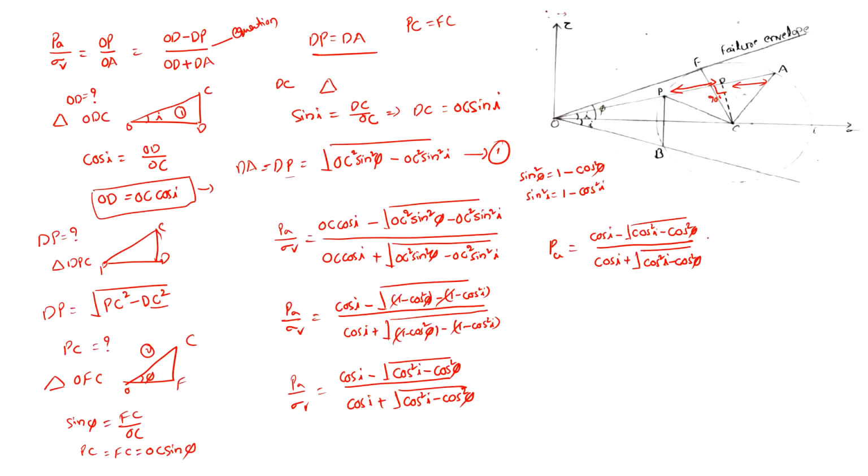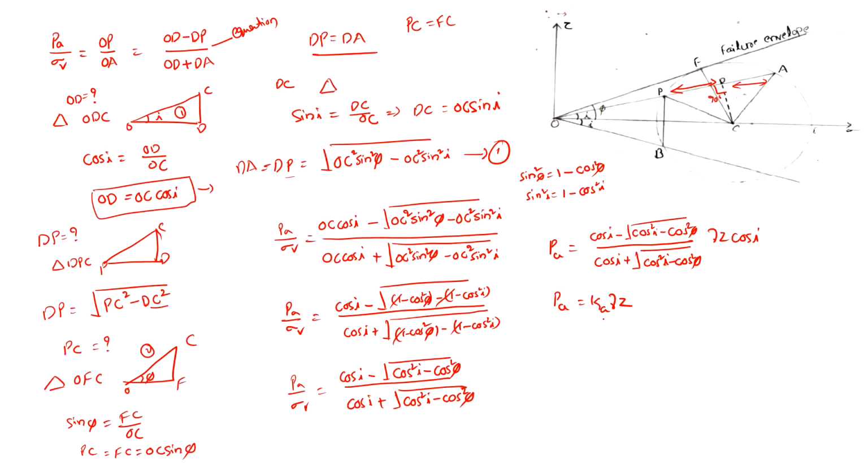Instead of sigma V, I will write gamma z cos I. So here the cos I total terms we can consider into active earth pressure. So I will write here Ka into gamma z.